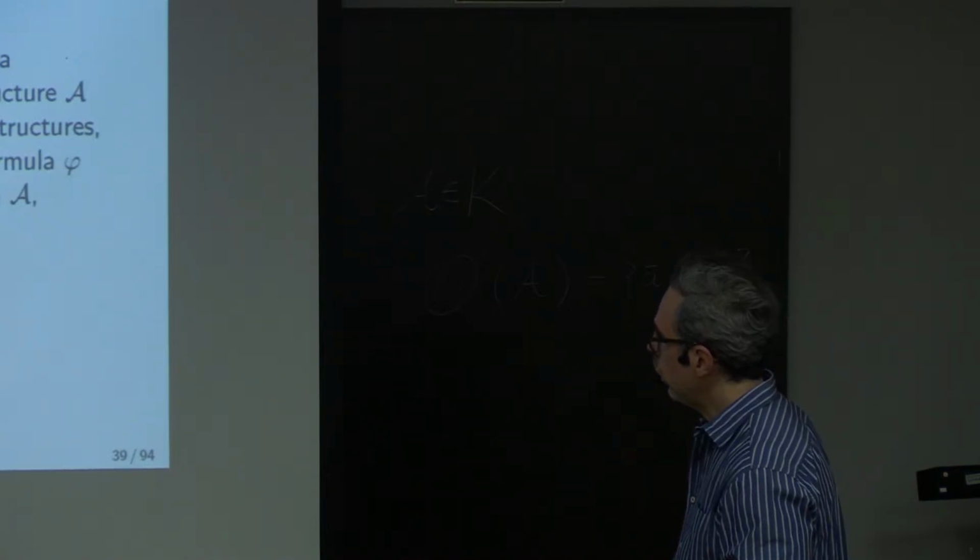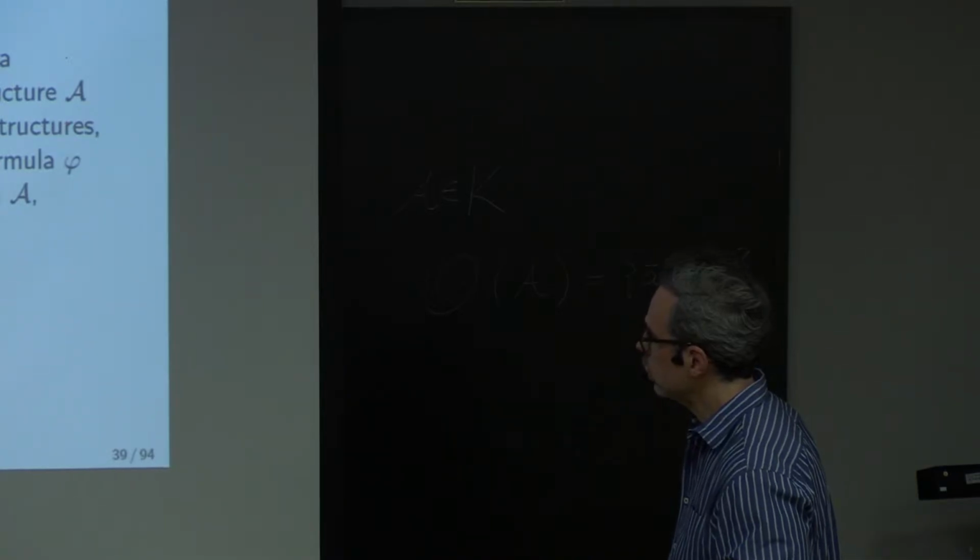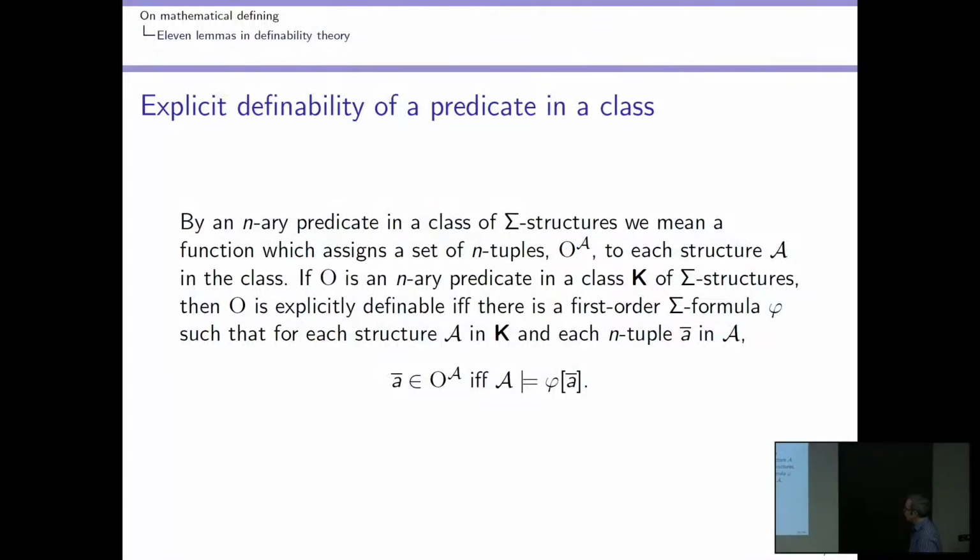So if O is an n-ary predicate in a class K of sigma structures, then O is explicitly definable if and only if there is a first order formula phi such that for each structure A in K and each tuple A bar in A, A bar is in the set of tuples that O assigns to A if and only if A bar satisfies phi in the structure A. So phi is defining this set.